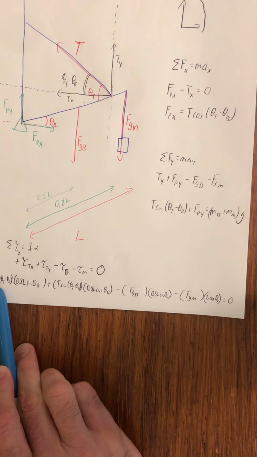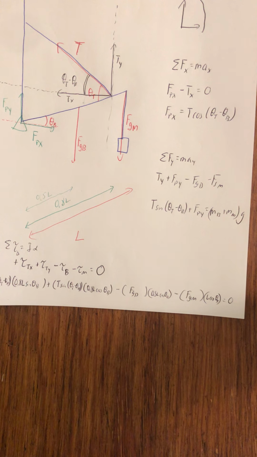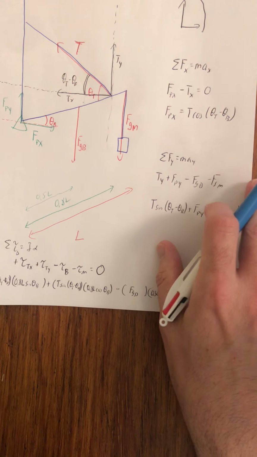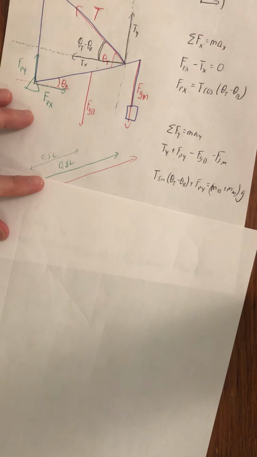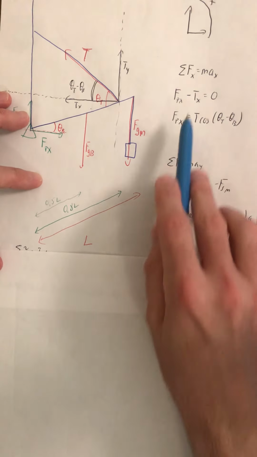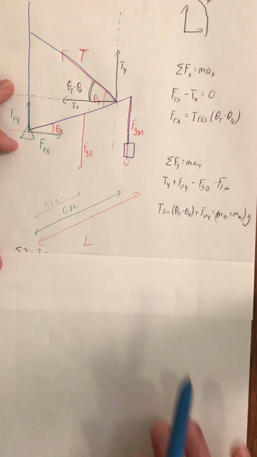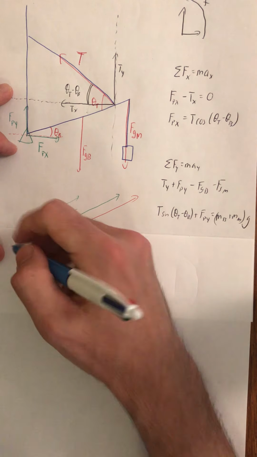Now you might be distressed by this geometry here, but there's nothing really to do except just work it out. Now, I do want to show you that alternate solution, what happens if I didn't want to consider the two components. The components were helpful for the x and y equations here, but not as helpful for the torque equation.